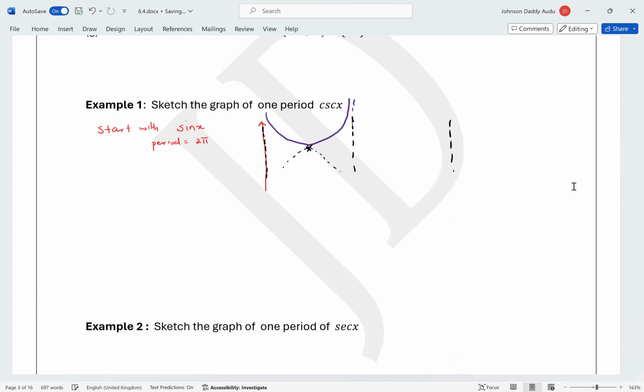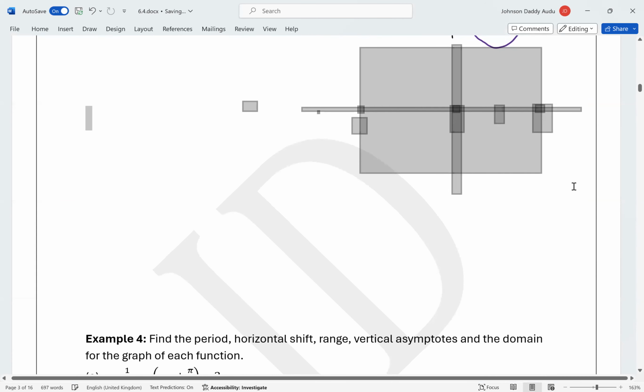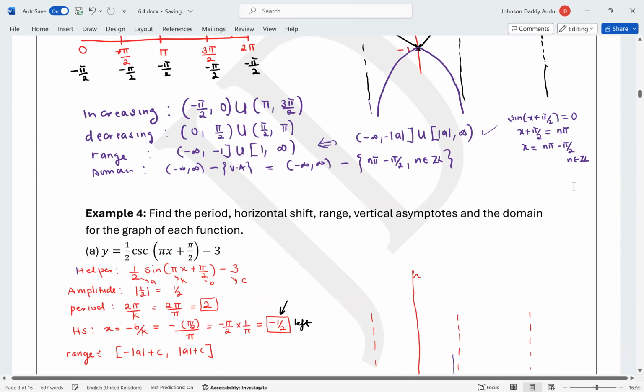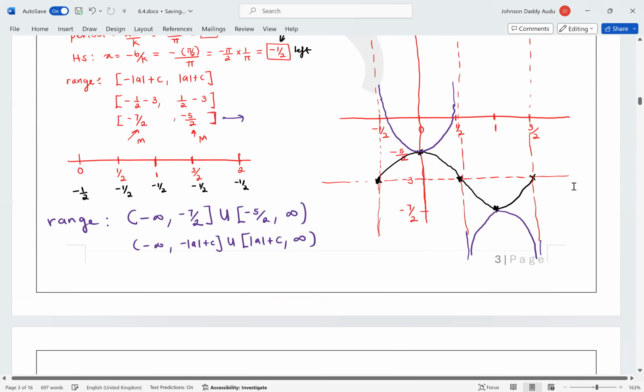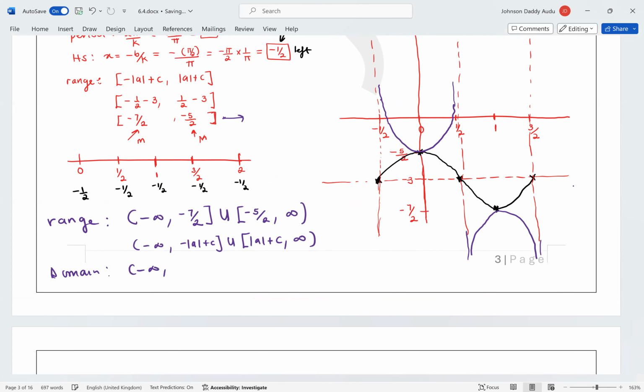Okay. Then the next thing is simply we've seen how to find what? How to find the domain. It's going to be the whole R, minus all the vertical asymptotes.